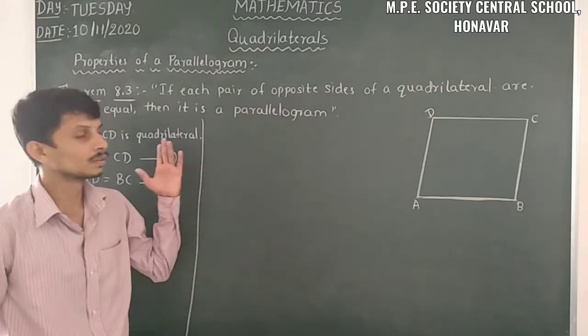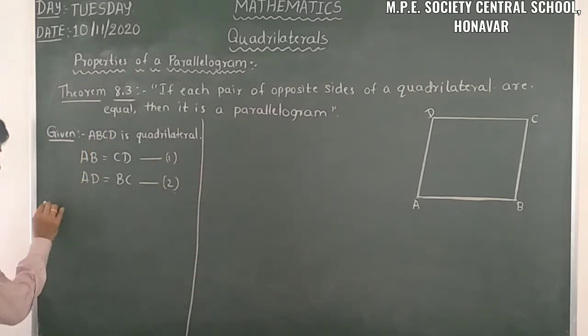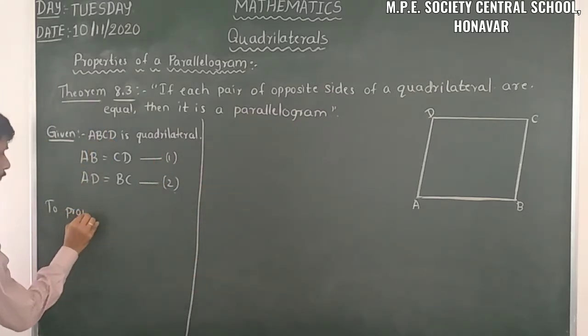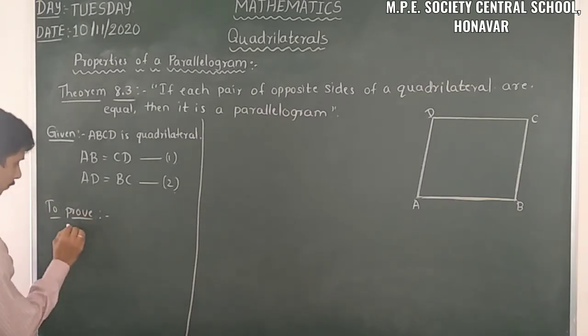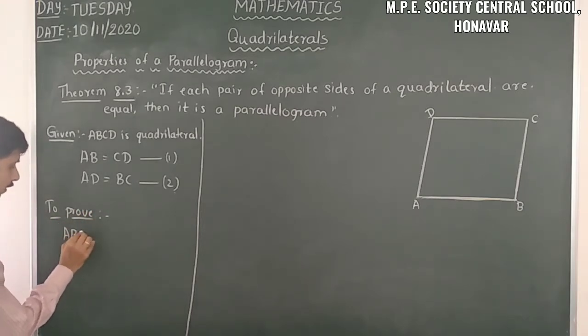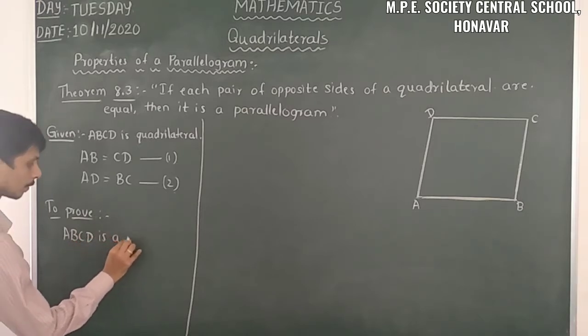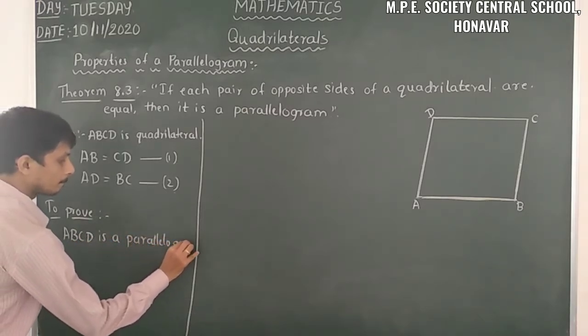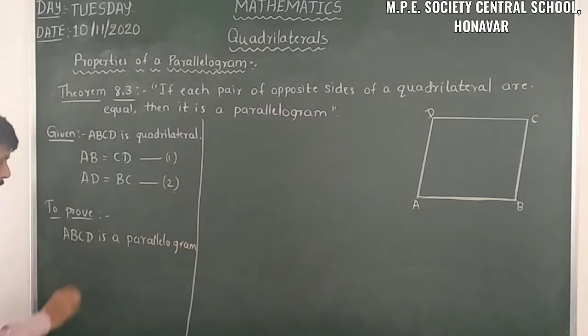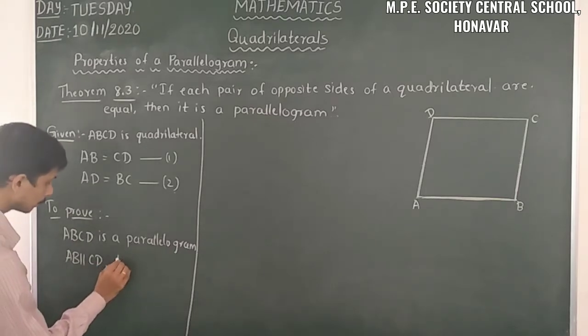Then what do we have to prove here? To prove that ABCD is a parallelogram. For that we have to prove that AB is parallel to CD and AD is parallel to BC.